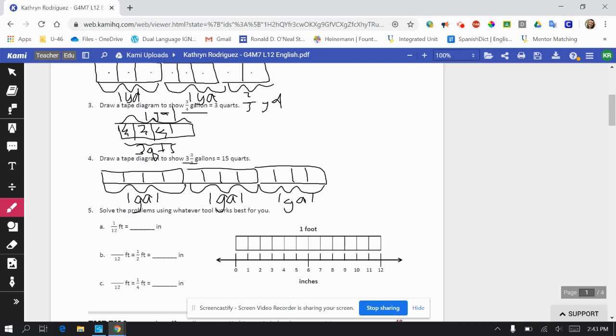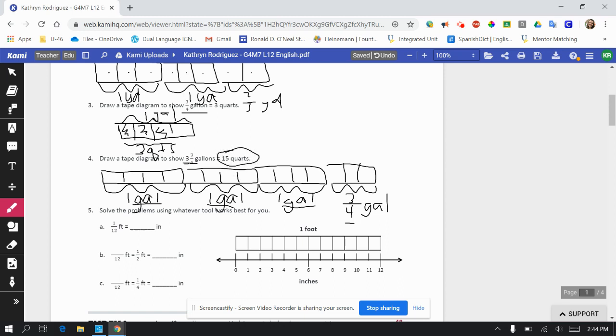And then 3/4 gallon. So I'm going to have 3 more pieces, and I'm going to say 3/4 of a gallon. So I have 1, 2, 3 gallons, just like it says here, and 3/4 more of a gallon.